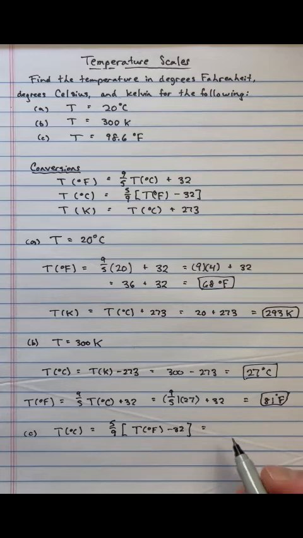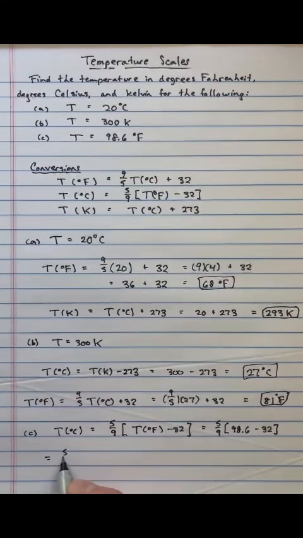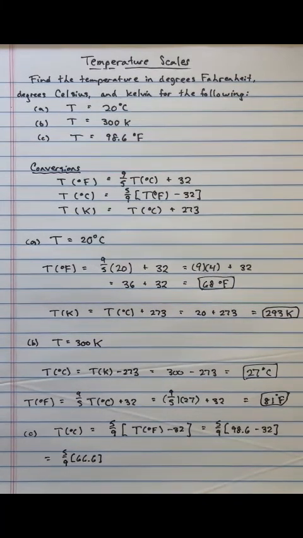Okay, so let's take our 5/9. Then we have temperature in Fahrenheit was this 98.6 minus 32, like this. All right, 5/9 and 98.6 minus 32 is 66.6. That sounds kind of ominous. It isn't ominous at all. If I do this calculation further, I get this as my answer, 37 degrees Celsius.